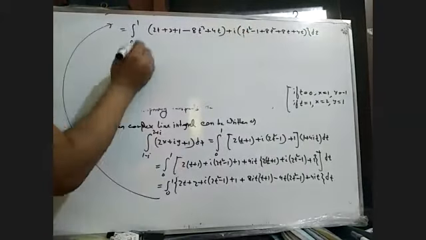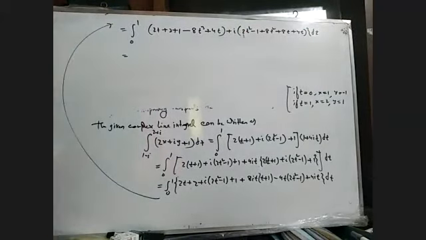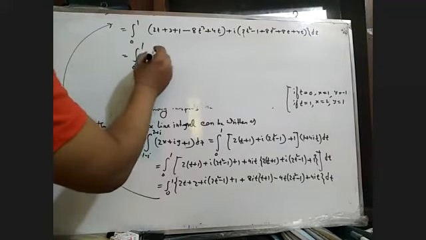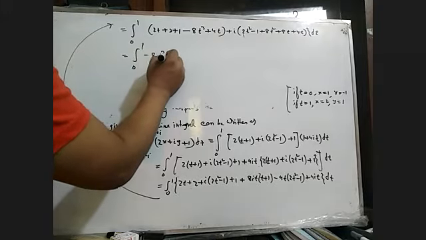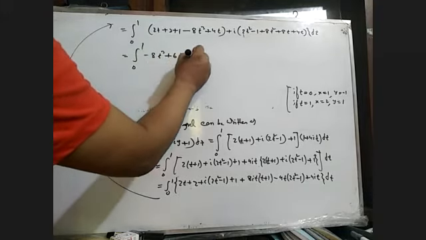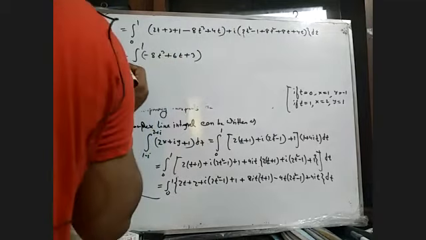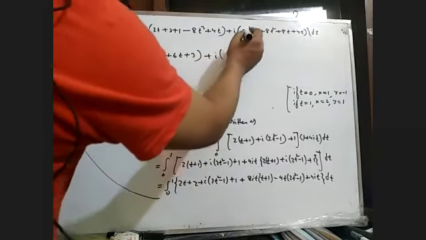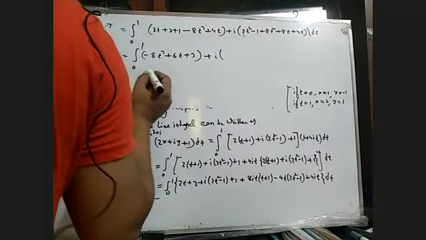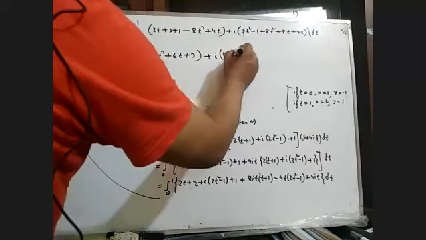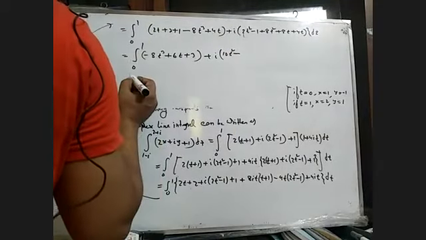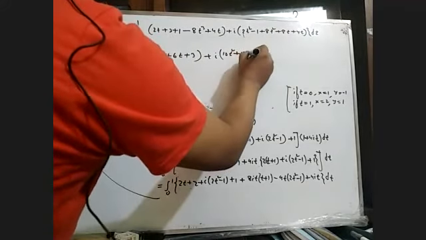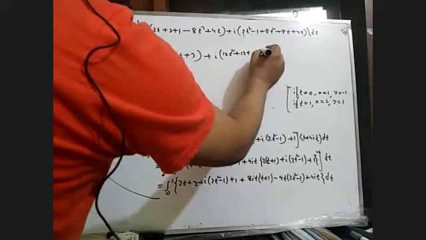Just separating real and imaginary part, we get the integral 0 to 1 of minus 8t cube plus 6t plus 3, plus i into 2t square plus 8t square, that is 10t square, plus 12t, 8 and 4, 12t minus 1.